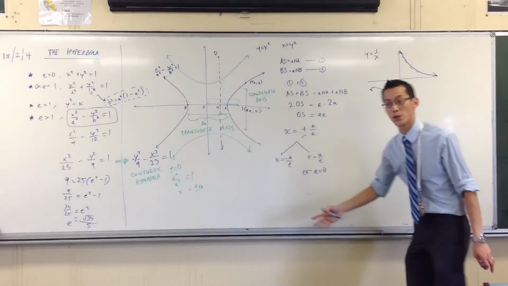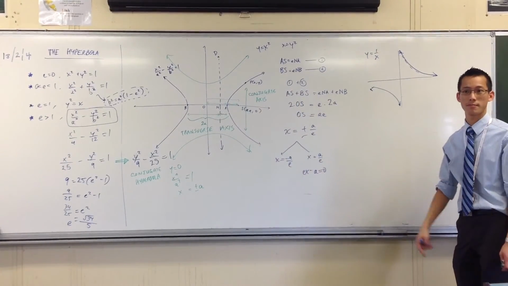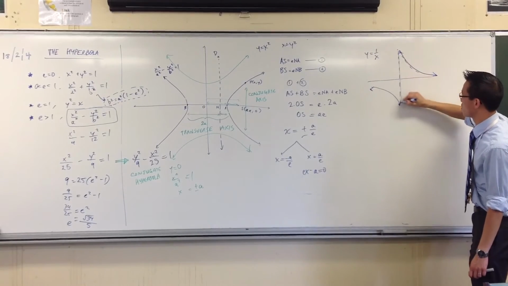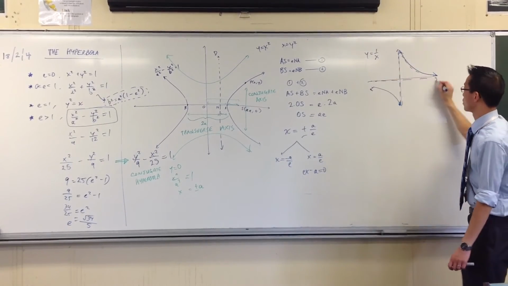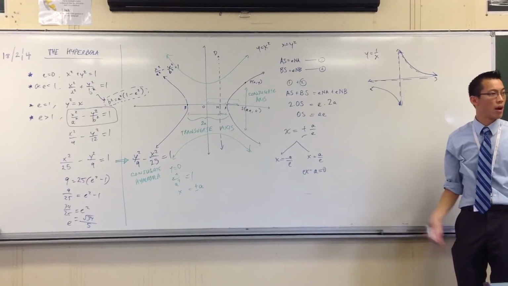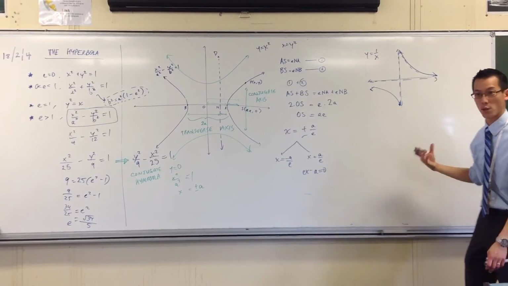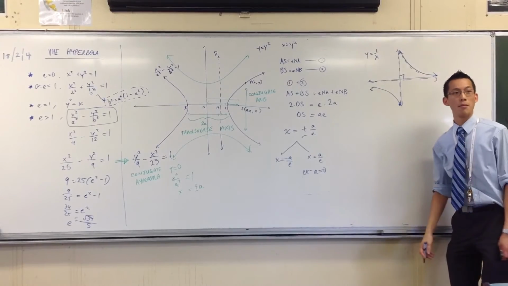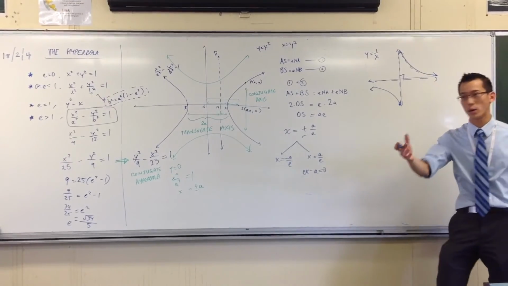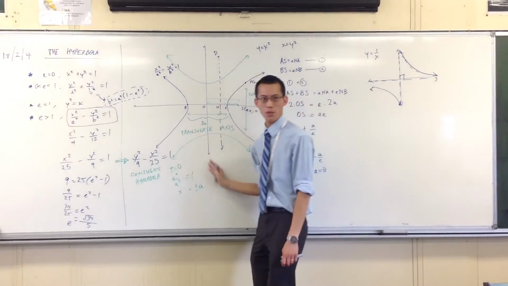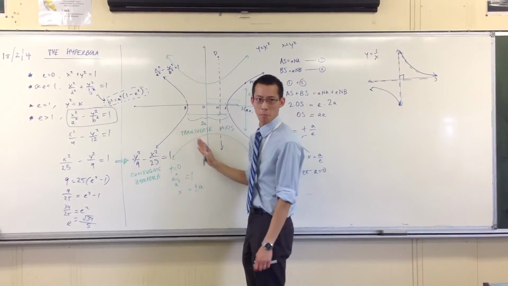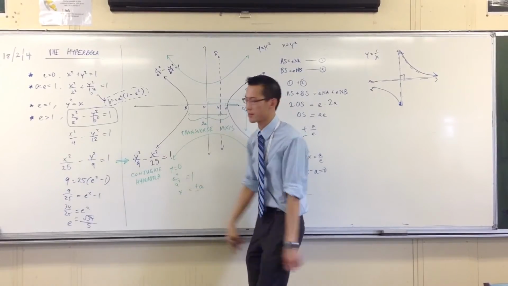There are asymptotes. What are the asymptotes in this case? They're x equals 0 and y equals 0, okay? Now, we've kind of been looking at this guy and assuming him for a long time, but he's special because his asymptotes are perpendicular to each other. You know the very first one I gave you? What were the asymptotes? Do you remember what they were? I think it was like root 3x and minus root 3x, something thereabouts, okay?